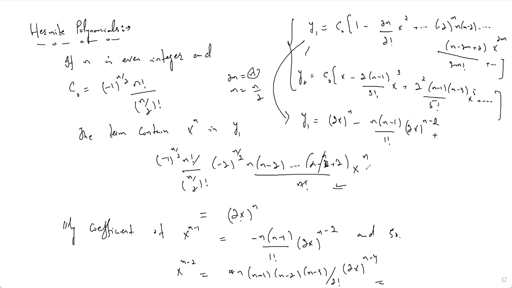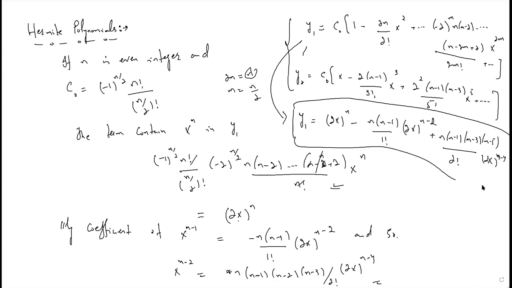Similarly, plus the next term, n into n minus 1 into n minus 3 into n minus 5 divided by 2 factorial, then 2x raised to power n minus 4. So this is the solution y1.